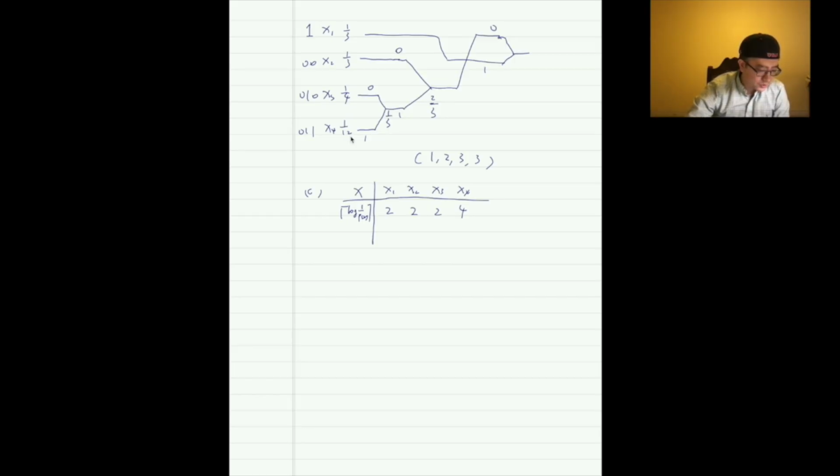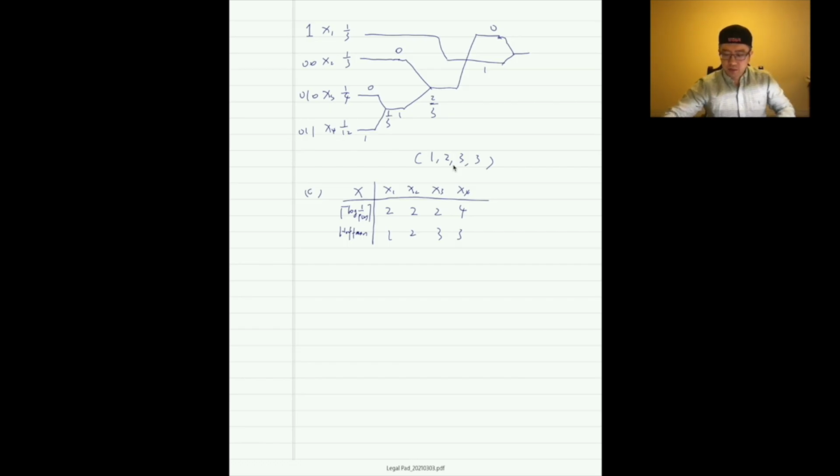On the second row, let's write the Huffman code. Maybe let's pick this one. So we have 1, 2, 3, and 3. In this case, we can see that for the first, second, and fourth symbols, the Shannon code is worse or equal.